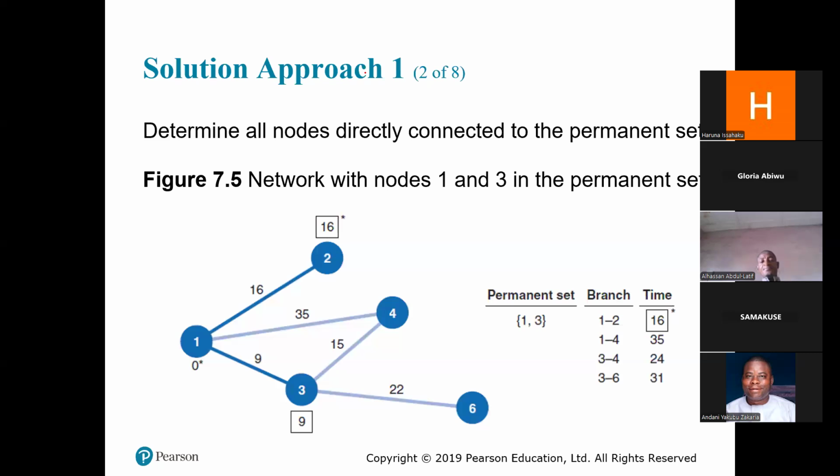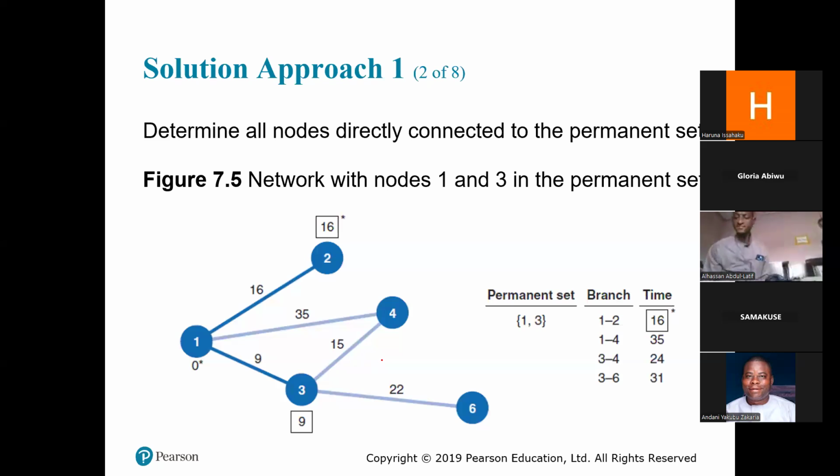If you add 1 plus 6, 1 plus 16, but you are not moving from 3 to 2. Okay, you are moving from 1 to 2. So focus on the branches and how the branches are connected to the nodes.